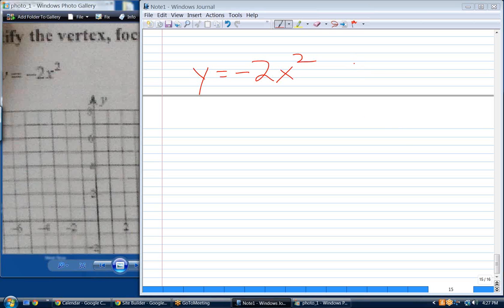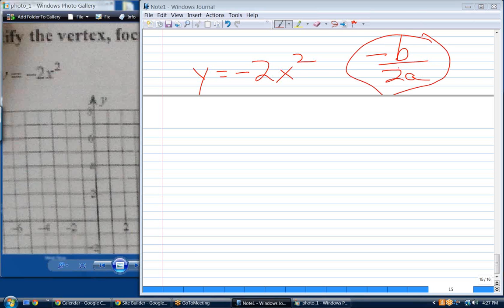Oh, I think right now we're just doing vertexes that are 0, 0. Okay, so how do you find the vertex? Vertex is minus b over 2a. It gives you the x-coordinate of the vertex. You've learned that, right?